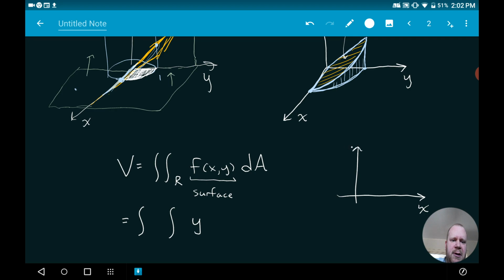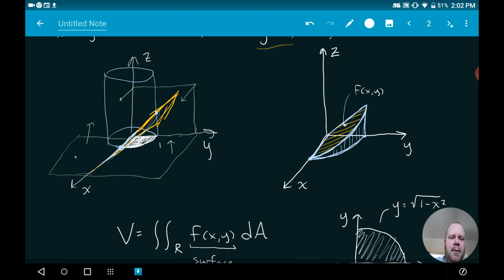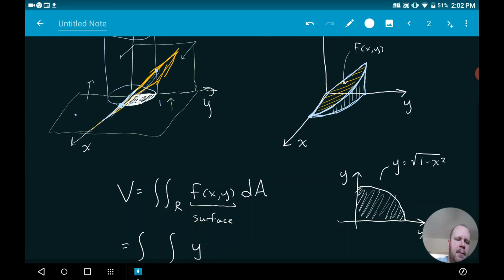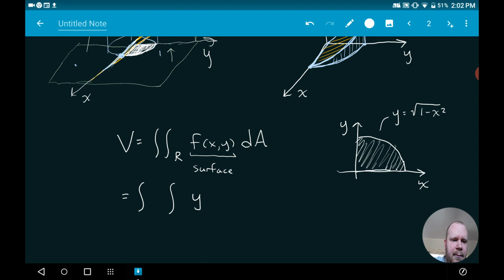I am not sure what section this problem was in. If it was in 15.2, then we haven't done polar coordinates yet, so I would just call this, let's see, y is equal to the square root of 1 minus x squared, based on this formula. This would be the line y equals 0, and then x would be in between 0 and 1.